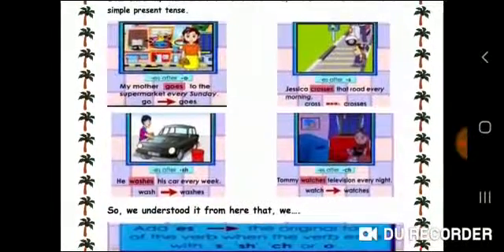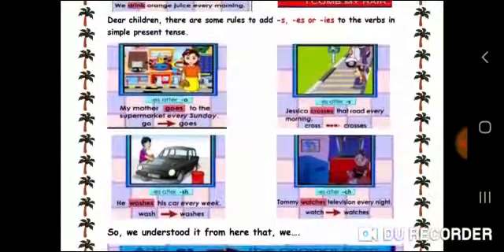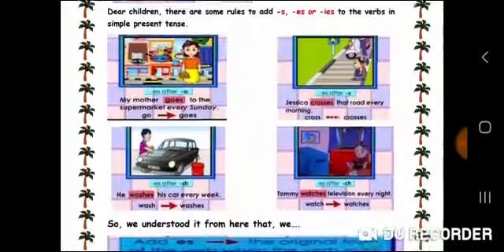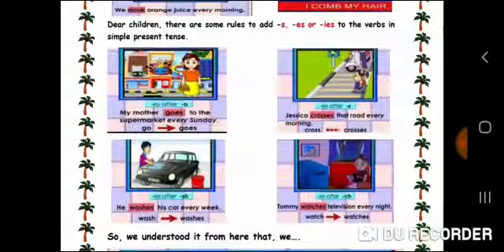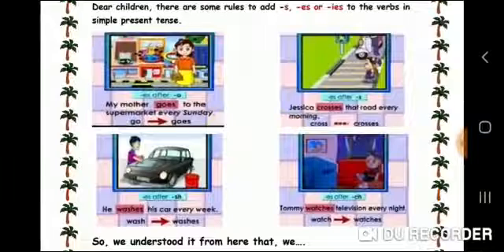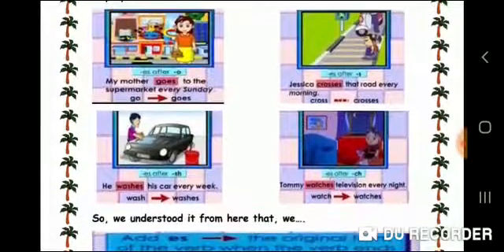Now, why are we using es with all these verbs: goes, crosses, washes, watches? When I taught you conversion of singular to plural nouns, I taught you a rule that whenever a noun ends with o, s, sh or ch, we add es to make it plural. The same rule applies here. When a verb is in simple present tense and the subject is singular, it takes es, ies or s.